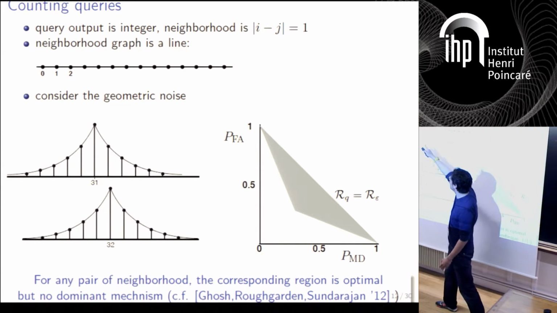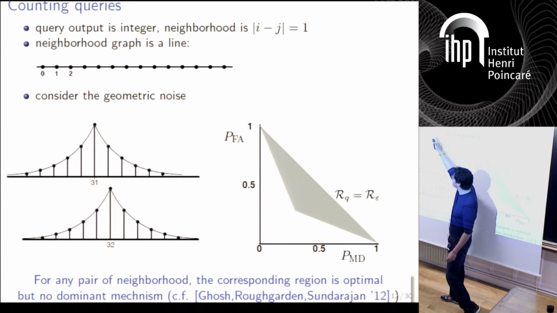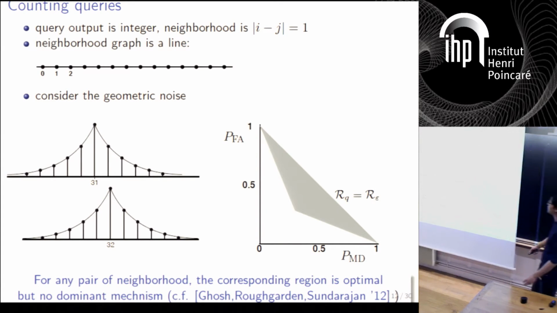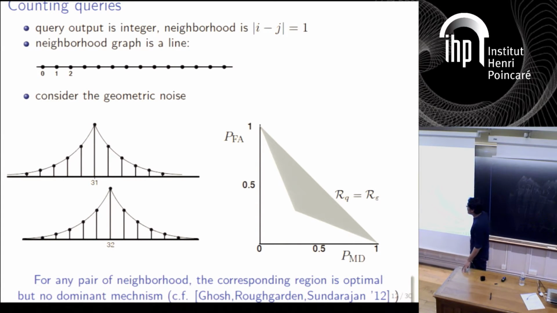If you look at the output, that's an integer, then anyone who's next to it is a neighbor in the differential privacy definition sense. And in this case, we can think about adding geometric noise, for example if it's 31 or 32, with appropriately chosen variance so that epsilon differential privacy in this case is met.